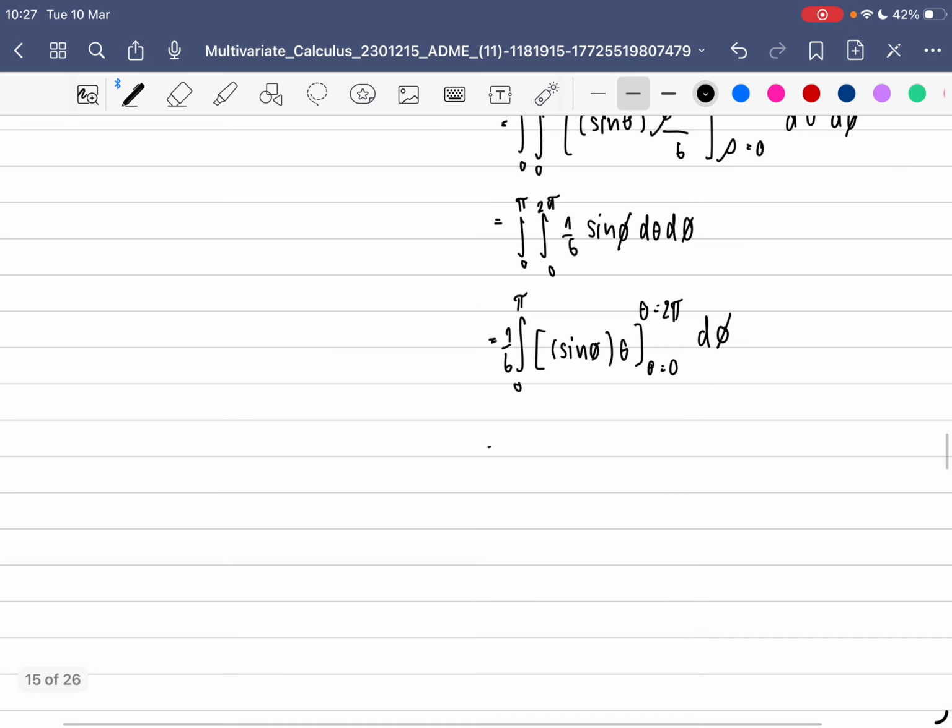Negative cosine: negative minus 1 minus negative 1, so it's 2. So the answer is 2 pi over 3.